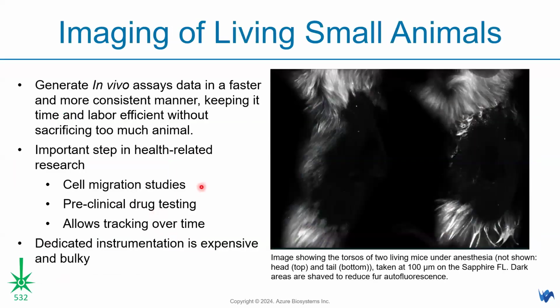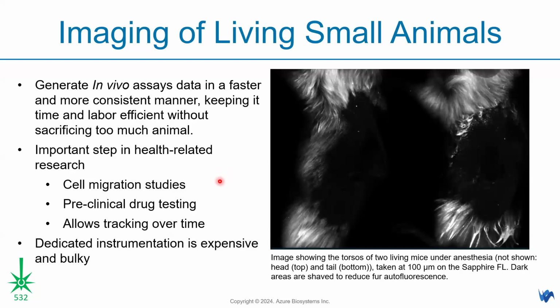Right, let's look at the imaging of small animals. Okay, so the imaging of living small animals is not really limited to rodents. We're looking at a huge variety of samples here, anything that you can image in a live format.